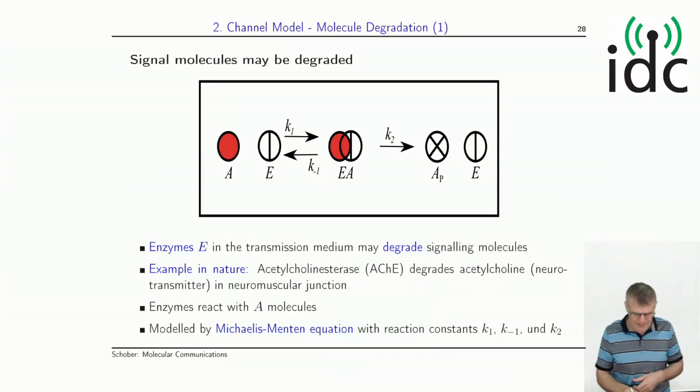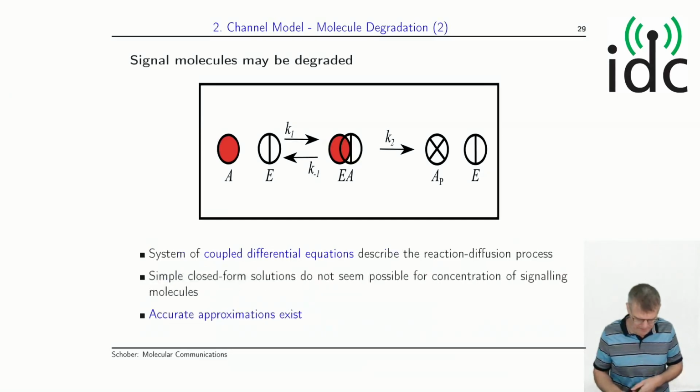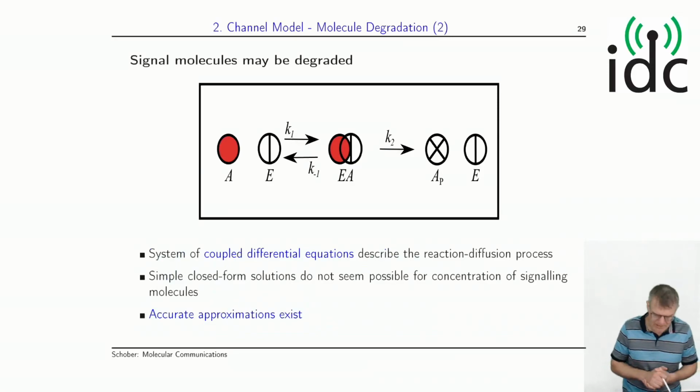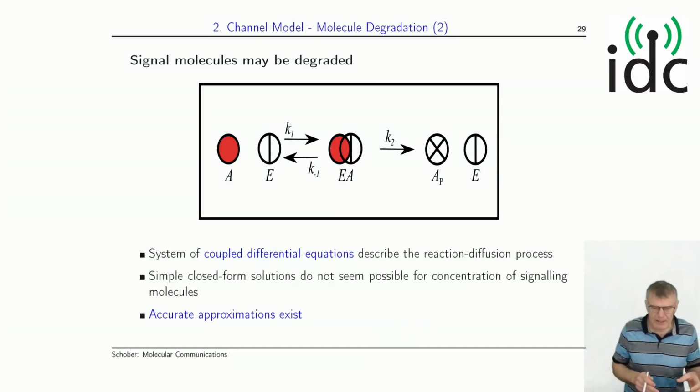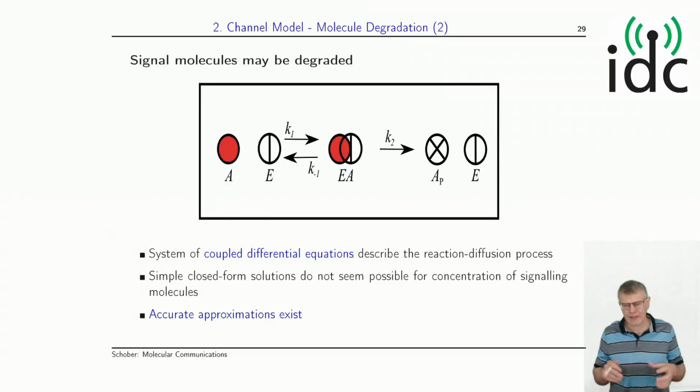Now, this chemical reaction can be modeled by the so-called Michaelis-Menten equations. And this overall leads to a set of reaction diffusion equations, so basically to coupled partial differential equations, which are also nonlinear.